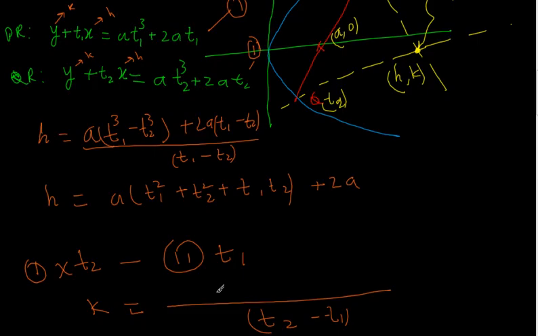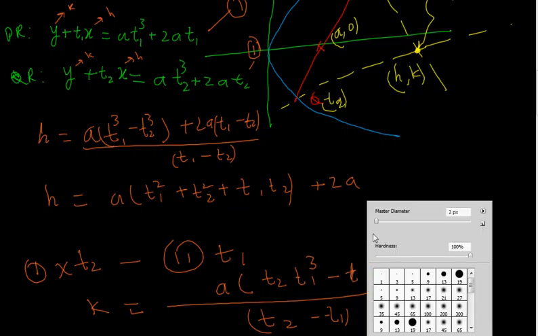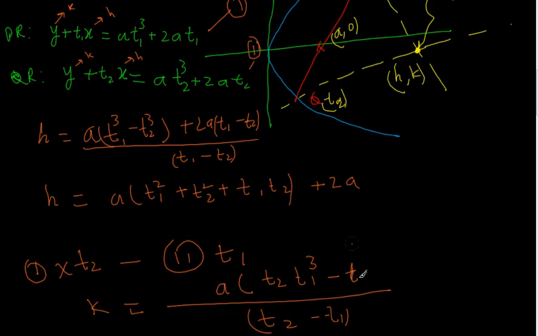You will get a common, T2 T1 cube minus a common T2 cube T1, and T2 minus T1 as it is, and the 2 will get cancelled.